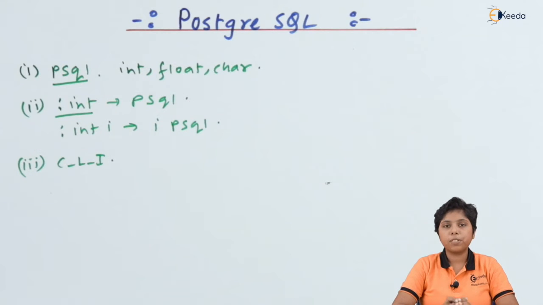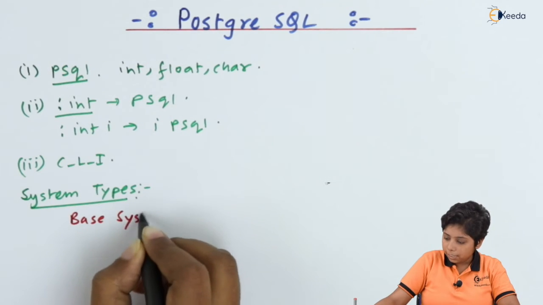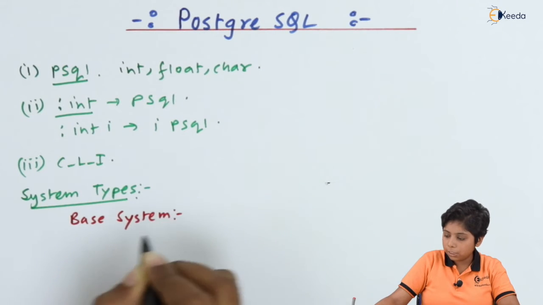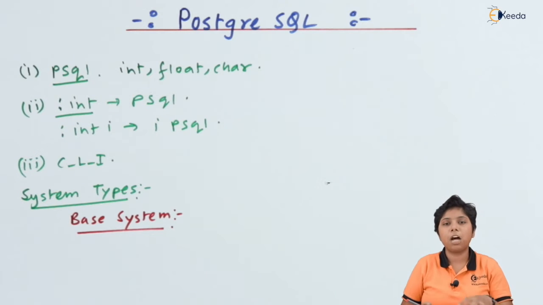The first type of system is the base system. The base system is used not for design purposes, not for implementation purposes. That means it will be directly implemented in PostgreSQL. Other than that, for design purposes we can use these base systems, for building complex data types.